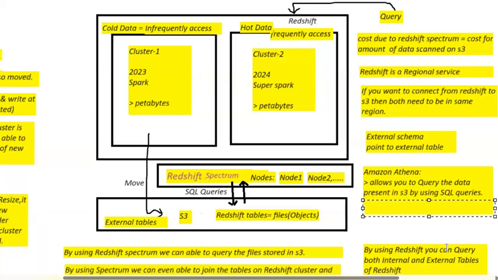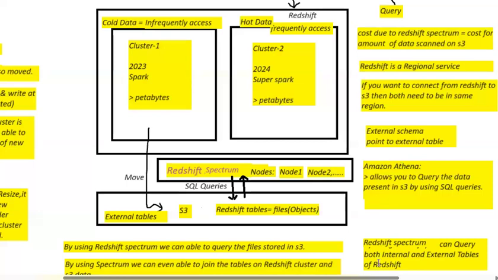So by using Redshift Spectrum, you can query both internal and external tables of your Redshift.